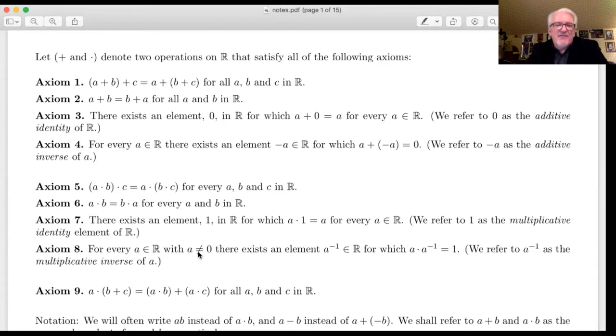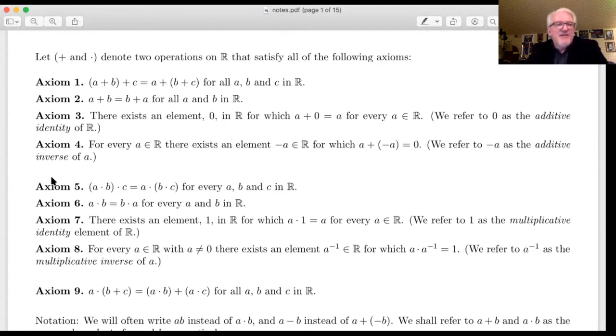Of course, we have to throw 0 away whenever we're considering multiplicative inverses because 0 times any number is equal to 0, so you're never going to have 0 multiplied by some multiplicative inverse that gives you 1. So that's impossible. We have to throw that out, but it's a minor compromise.